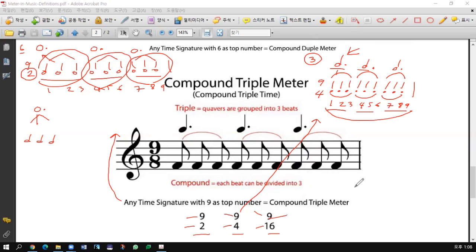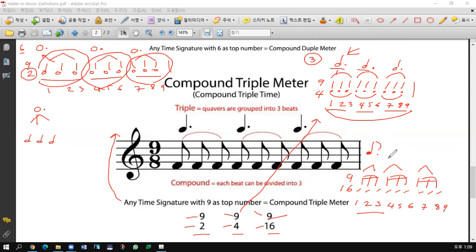Here, 9/16, that means what? The 16th note gets 1 beat. We have two tails right here, right? So this is 1, 2, 3, 4, 5, 6, 7, 8, 9. 9/16, right? So here, if you added a 3/16, that's going to be what?